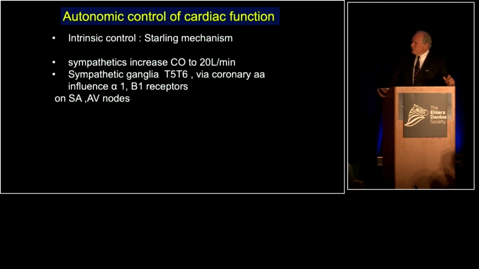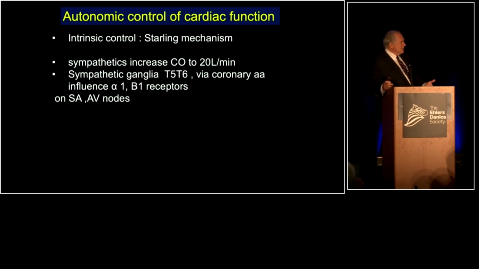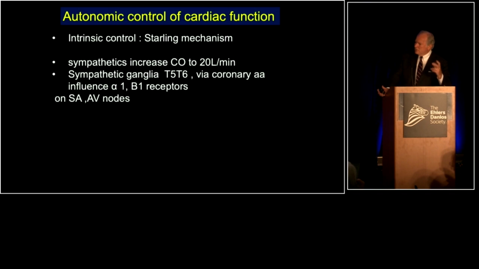How does the autonomic nervous system affect the heart? There's an intrinsic control mechanism called the Starling mechanism, where if there's more blood flow coming into the heart, the fibers will stretch and then pump out more, and that can increase the blood flow to about 7 liters per minute. But if the sympathetic fibers kick in with more powerful strokes from the heart and a more rapid heartbeat, it can increase the cardiac output to 20 liters per minute.